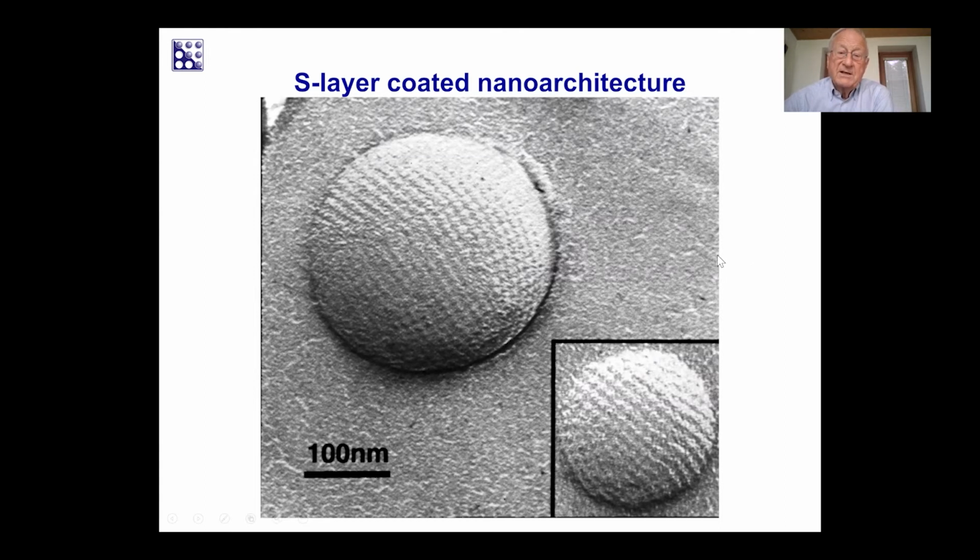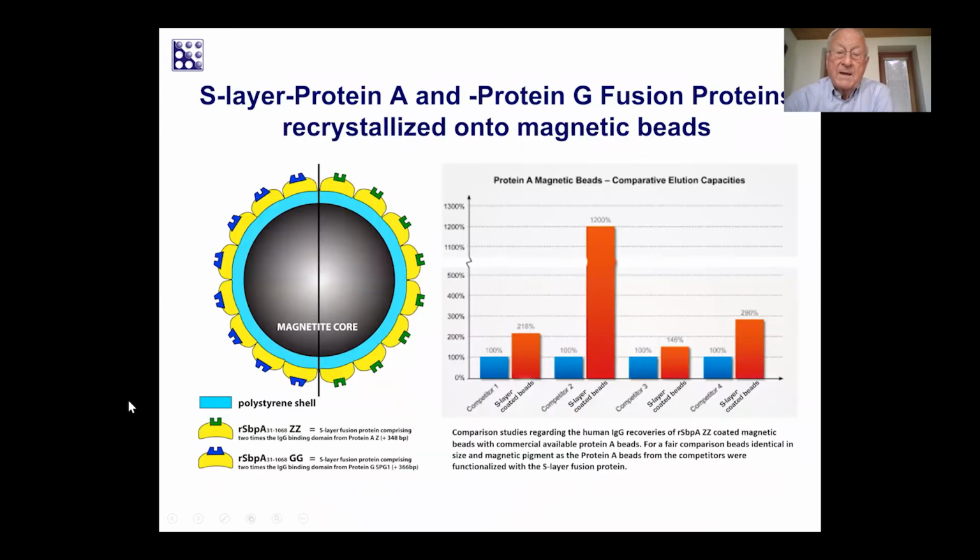So I go now to the next application, and this is S-layer coated nano-architectures. We see in freeze etching the vesicle here with the highly ordered structure, and this is the classical example of how we coat magnetic beads.